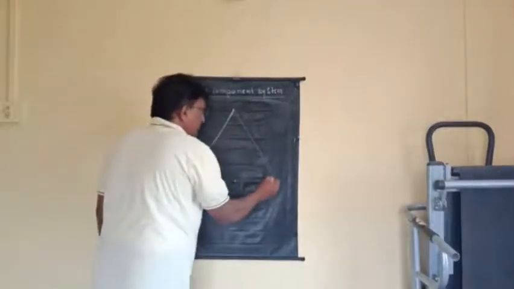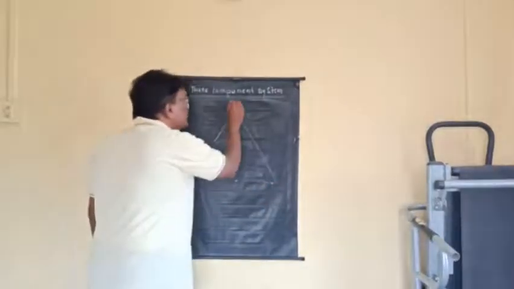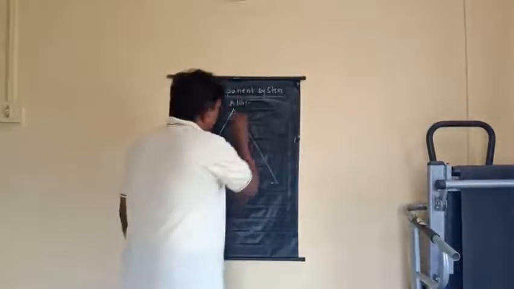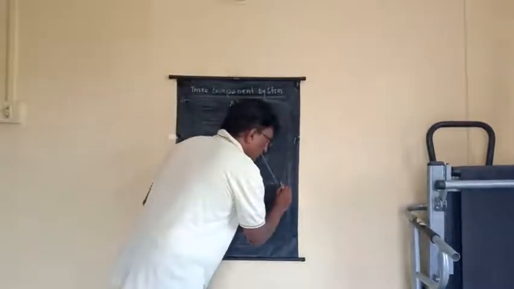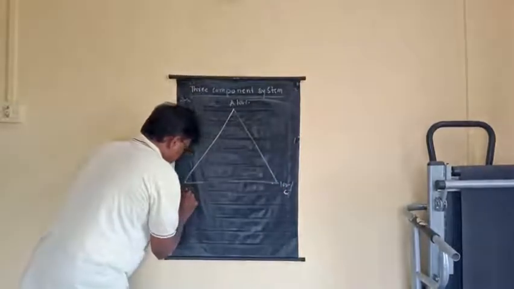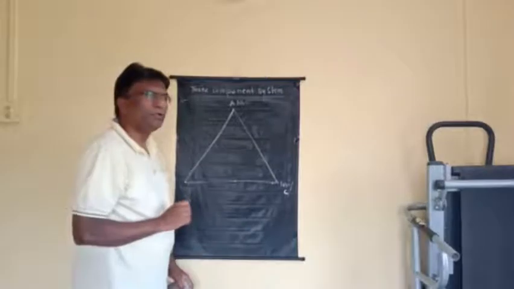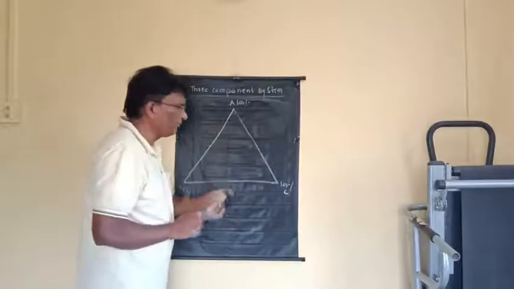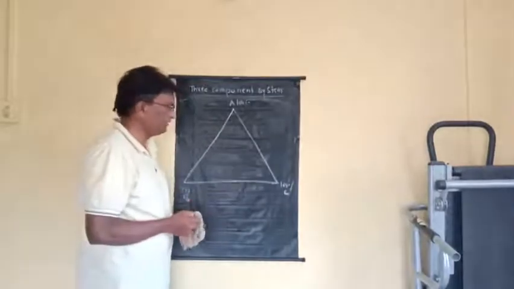Now, the apexes of this triangle represent the 3 components: 100% A, here 100% C, here 100% B. The 3 components are represented at the apex of the triangle.